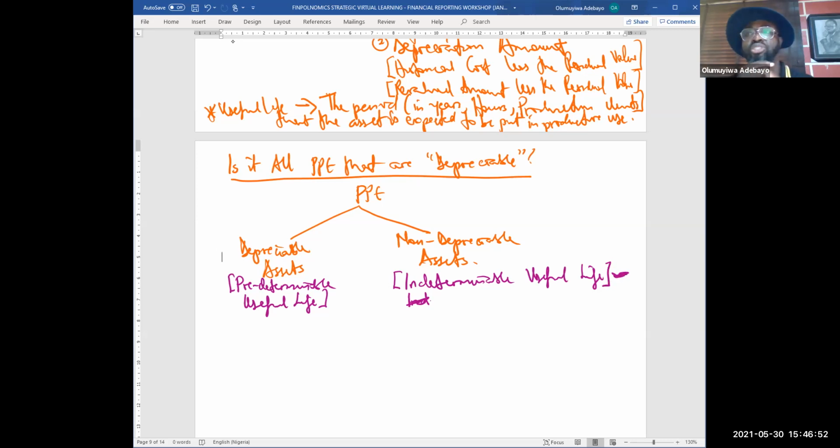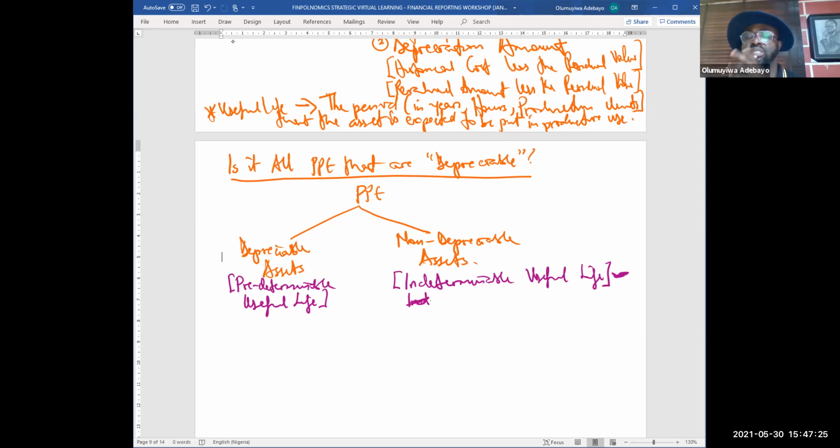Okay, indeterminable useful life means this asset probably may have useful life, but it's going to be difficult to estimate or to be able to determine the useful life, which means no asset has infinite life. No asset has indefinite life.